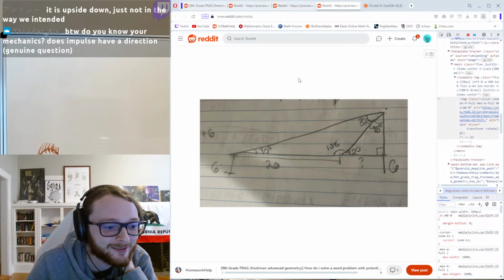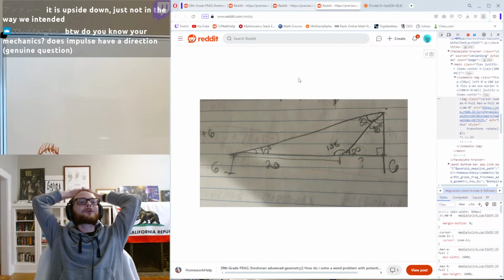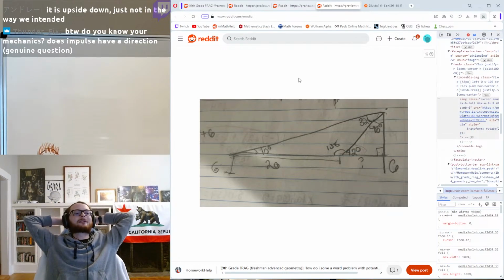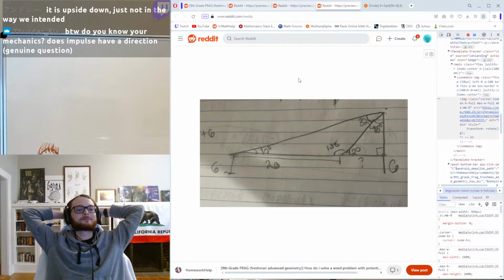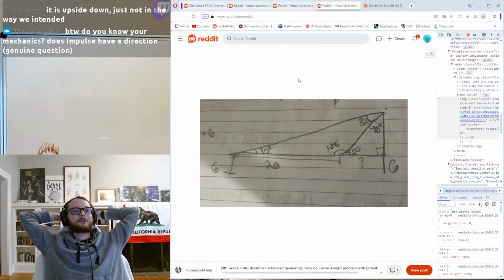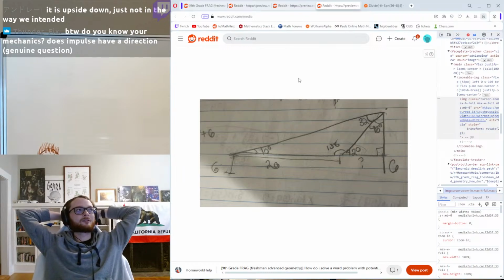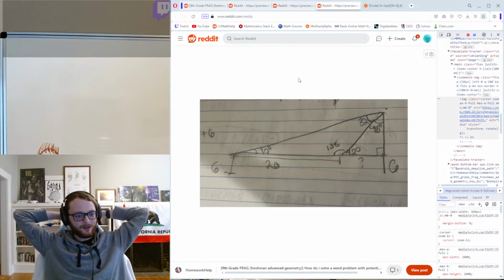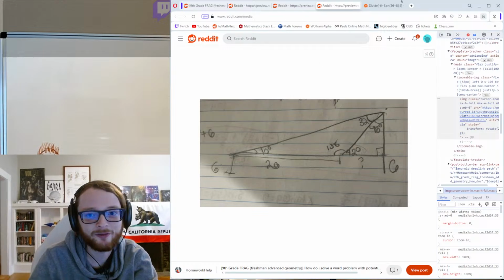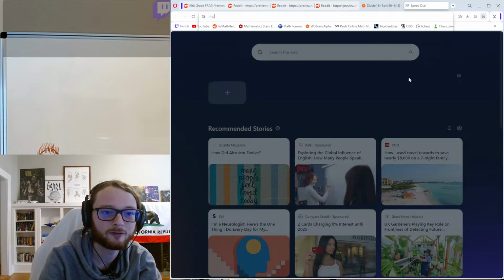Do you know your mechanics? Does impulse have a direction? Ooh. It's been a minute. Impulse was one of the things that I understood the least well about mechanics. Does impulse have a direction? Isn't it partially defined by momentum and that has a direction?